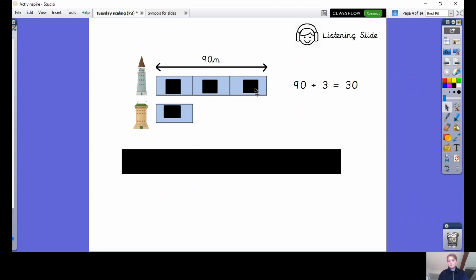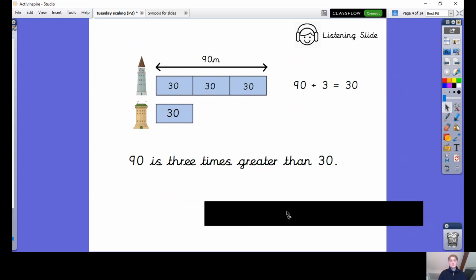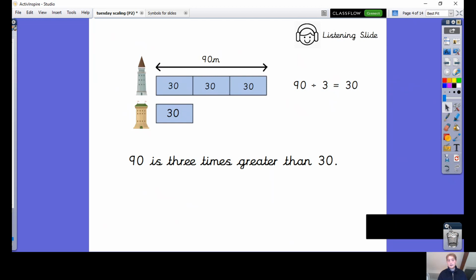And now we can fill out the value of these boxes here. The value of one of these boxes is 30. So that's the height of Tower 2. And remember, Tower 1 is 3 times the size of that. So 3 lots of 30 is 90 meters. 90 is 3 times greater than 30.